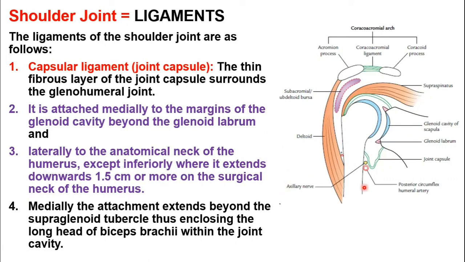Axillary nerve. And if they ask you which artery injured, you should answer the posterior circumflex humeral artery, when the shoulder joint dislocate inferiorly, because of the lax of the joint capsule. ठीक है. ये सारा इसमें यही लिखा हुआ है.